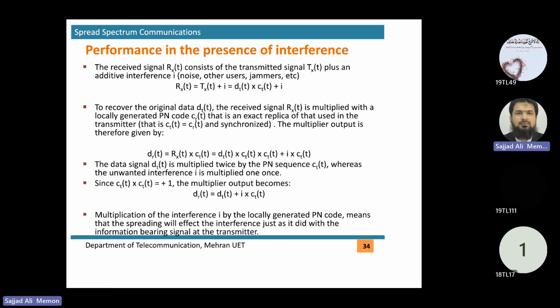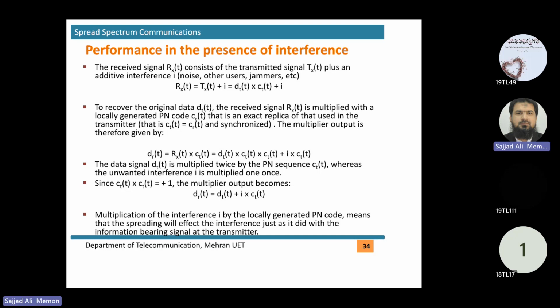The multiplier output is therefore given by r_x(t) c(t) = d(t) c(t) c(t) + I c(t). So the data signal d(t) is multiplied twice by the PN sequence, whereas the unwanted interference is multiplied only once.